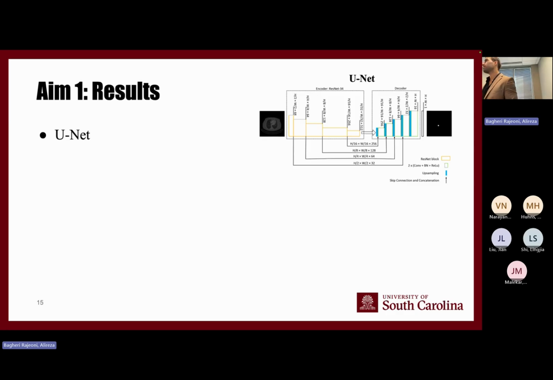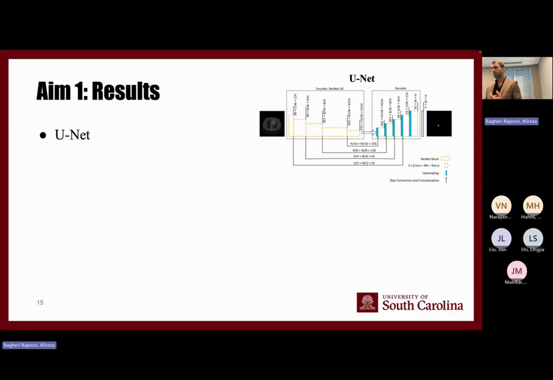Because based on the resources we had, the limited dataset we had, we didn't want to make it so complex that it wouldn't be able to perform well on this dataset. So the encoder extracts the features, it downsamples, and then it passes it through the bridge, which is a convolution layer, and then it passes it through an upsample, and it creates the output image. And there is a skip connection between the encoder and decoder throughout the process.